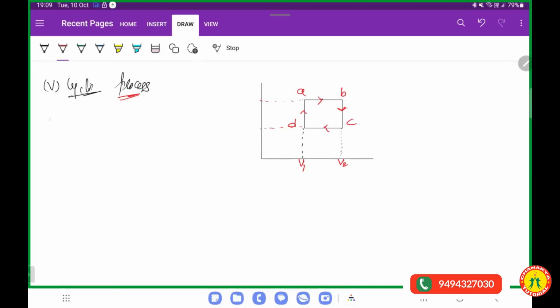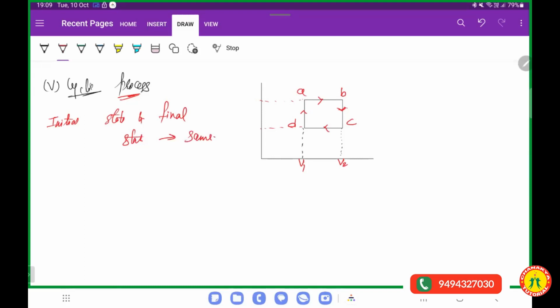In this one, see, initial state and final state are same.